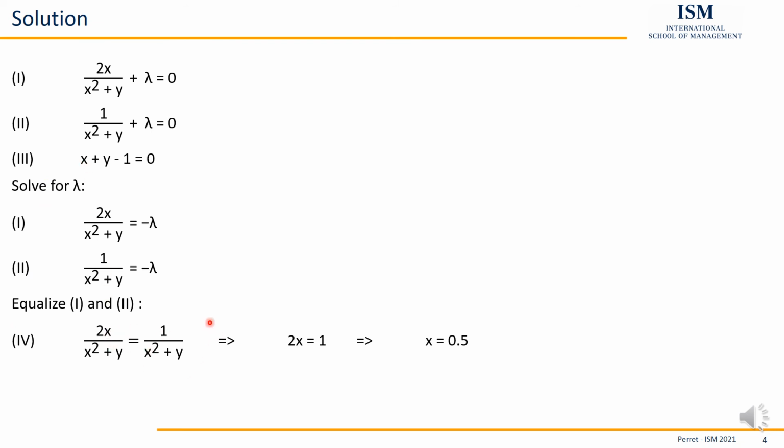Or if you're really lucky, as in this example, this new equation, if you simplify it by simply multiplying with the denominator of the fractions, already gives you the first part of the solution, which reads that x is 1/2.